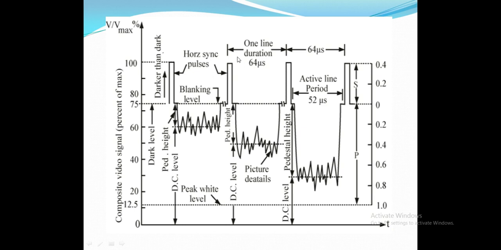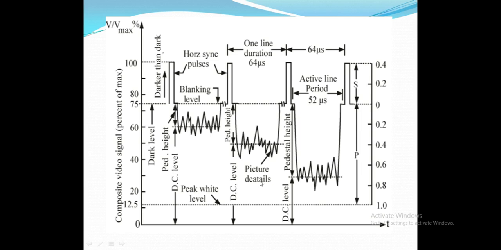Okay. So here we have synchronizing pulses. Again, we have horizontal synchronizing pulses and vertical synchronizing pulses. But mainly the composite video signal consists of a camera signal, blanking pulses and synchronizing pulses. Okay. So in that we have synchronizing pulses, the picture details, that is the camera signal, then blanking pulses, synchronizing pulses and camera signal.